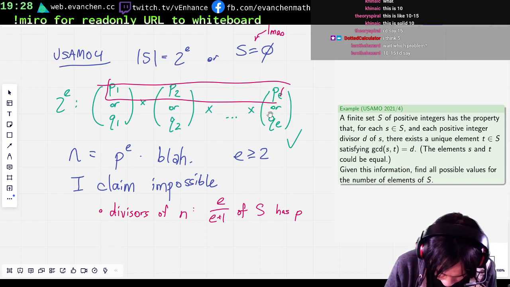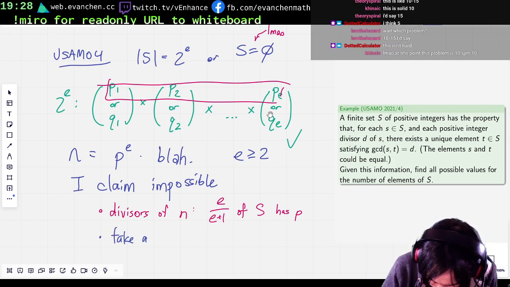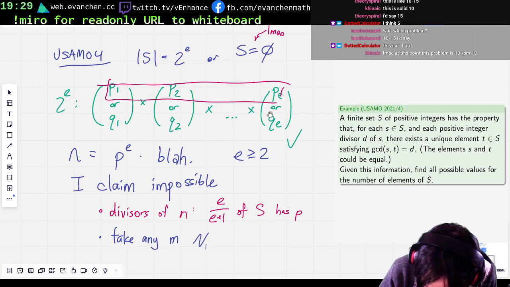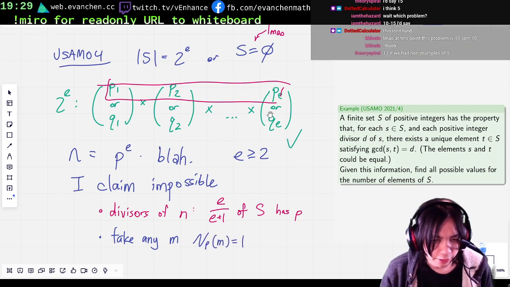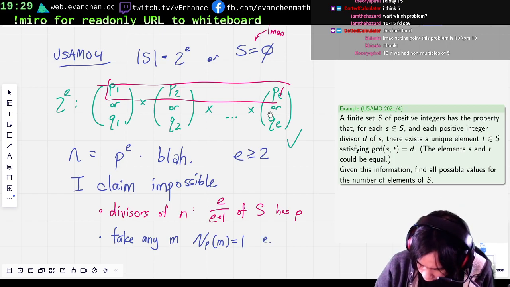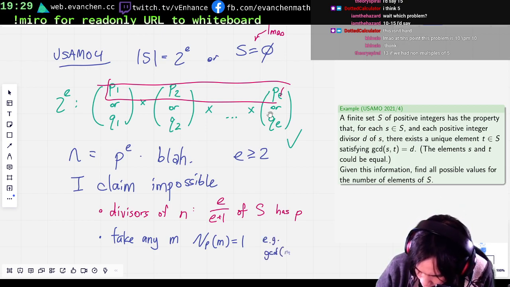Okay, on the other hand, let's take any M such that VP of M equals 1, which you can do because you take something that has, among other things, GCD of M and N equals P, which would be good enough.